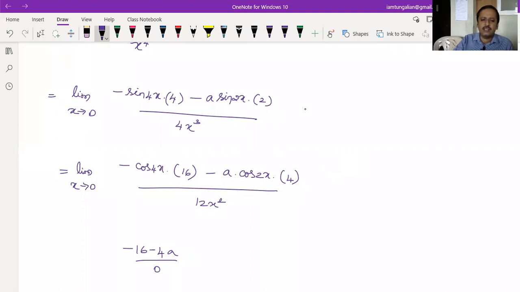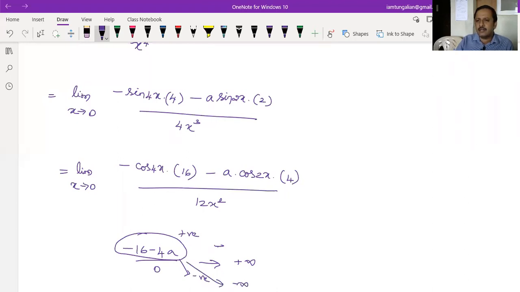So again, we are in the same situation. What is that situation? We are talking about this minus 16 minus 4a. If this is positive, it will tend to plus infinity. If it is negative, then it will tend to minus infinity.